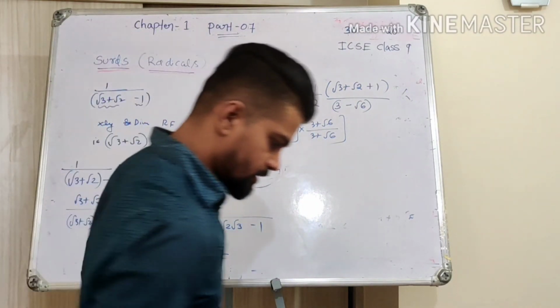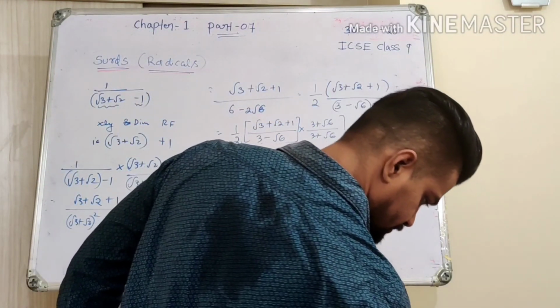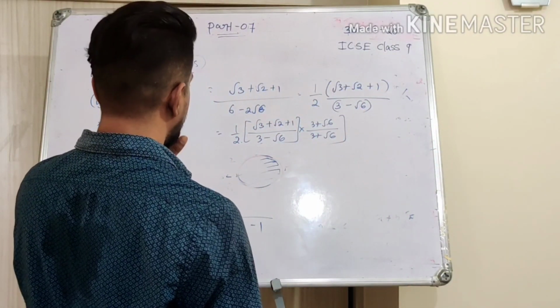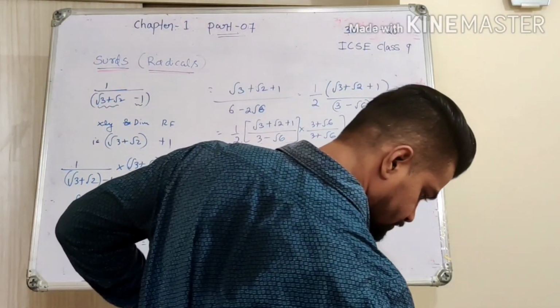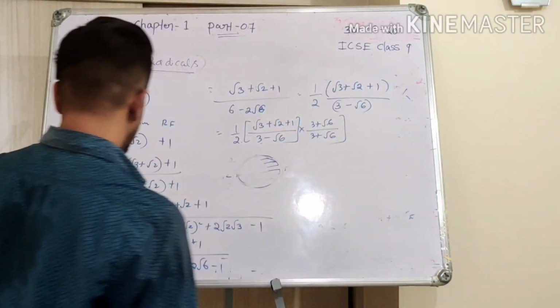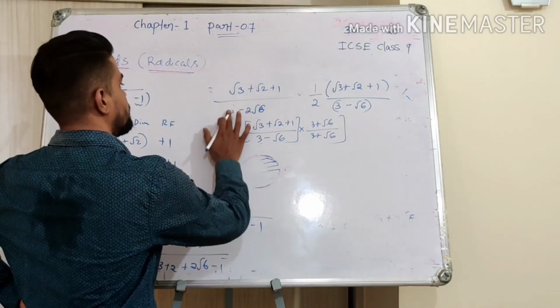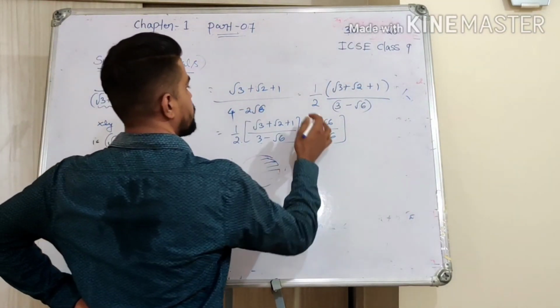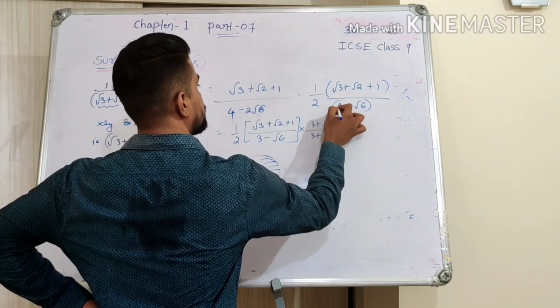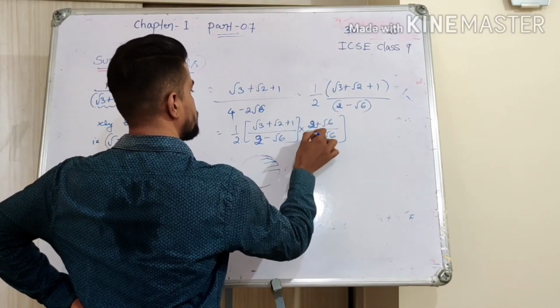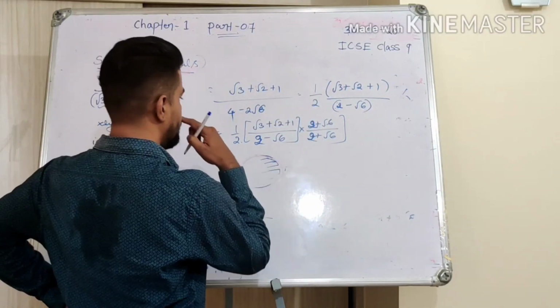So we end up with, what did I take as a root? 5 minus 1, 4. Sorry for the mistake. Here this will become 4. So when you take that, it will become 2 minus root 6. So this is 2 minus root 6. This will become 2 plus root 6. Okay, now it is correct.